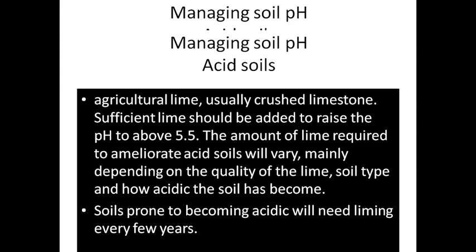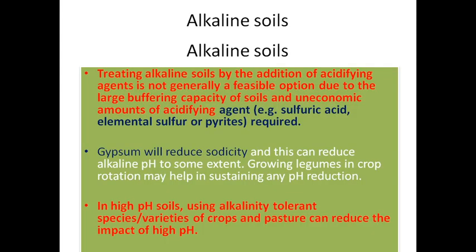But for soil which is very severely acidic, or soils prone to become more acidic, frequent liming every year using limestone is a very essential step. This is the simplest way to manage soil acidity. Another thing is to manage the plant species or crops which normally grow in acidic soil.